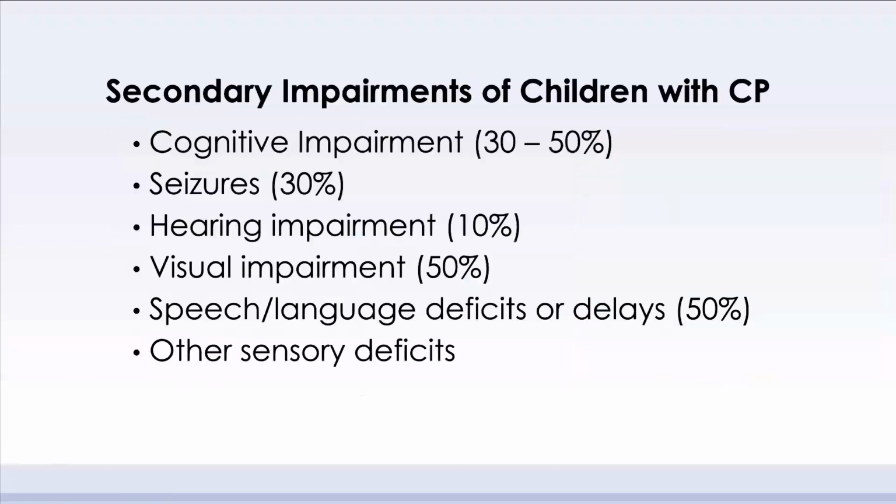Now, children who have CP often have other issues that go along with these tonal issues. Many times there's a cognitive impairment, which is typical with a brain injury. Many times there are seizures, and sometimes the etiology of why they are occurring is unknown. Hearing, visual, speech, obviously, because of the different areas of the brain affected, and then sensory deficits.